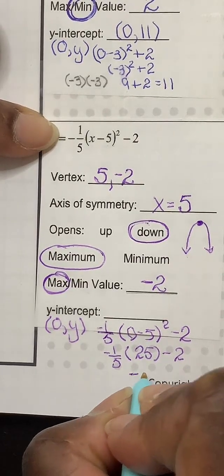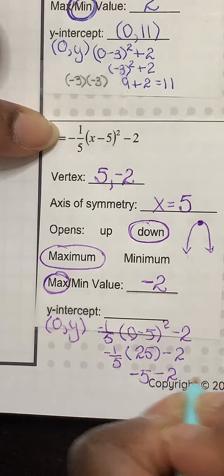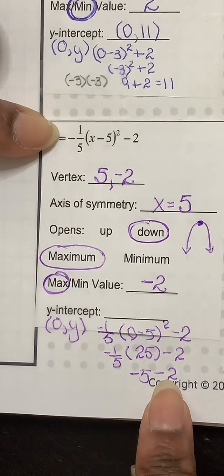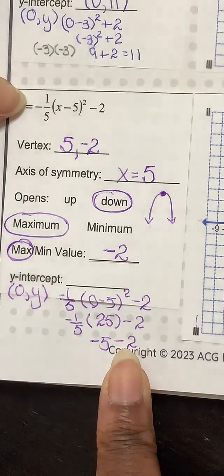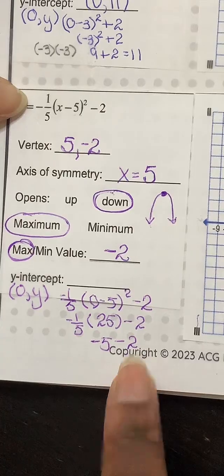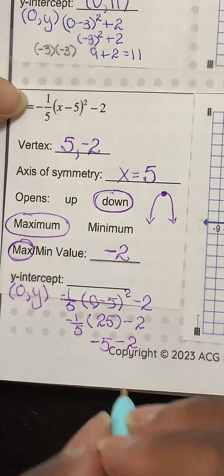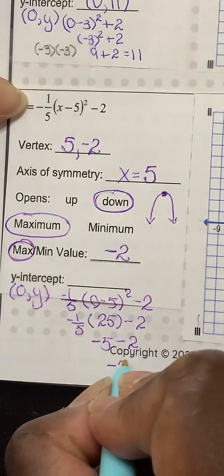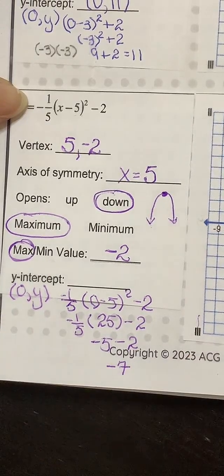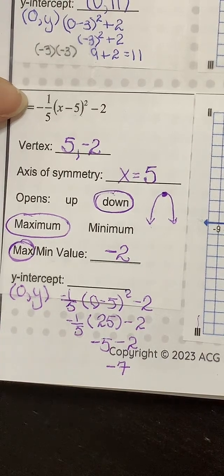So that will give me a -5. Bring down your -2. Okay. So -5 minus 2, that will give me, yes, it's usually in calculus. Okay. Good, Tamika. Good. -7.